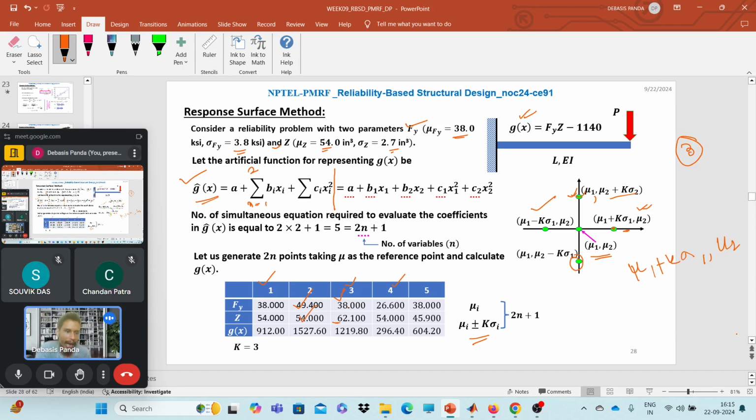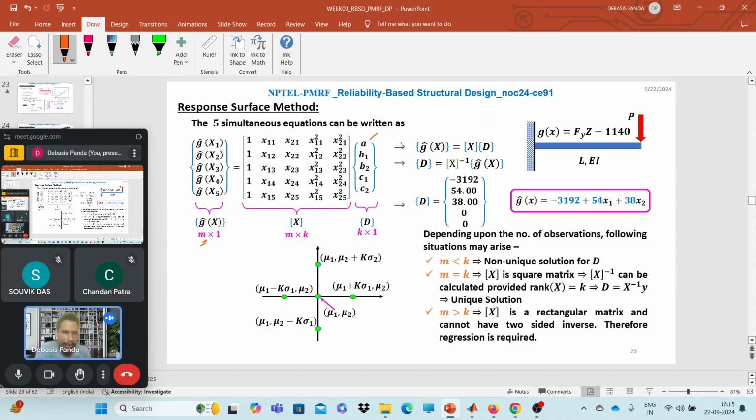So we have those 5 simultaneous equations in hand, and the unknowns. We can easily calculate the unknowns: D will be the inverse of X times G, the least squares approach. So we find D, that is, the vector of unknowns. This is your A, B1, B2, C1, C2.